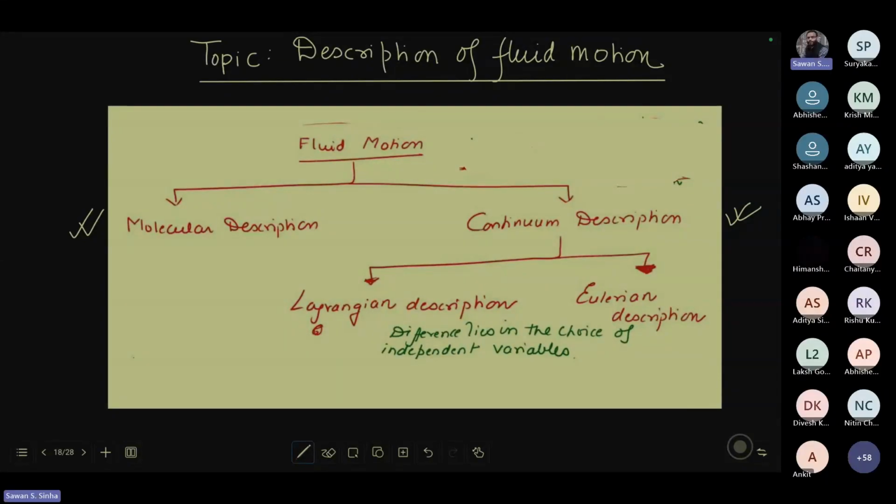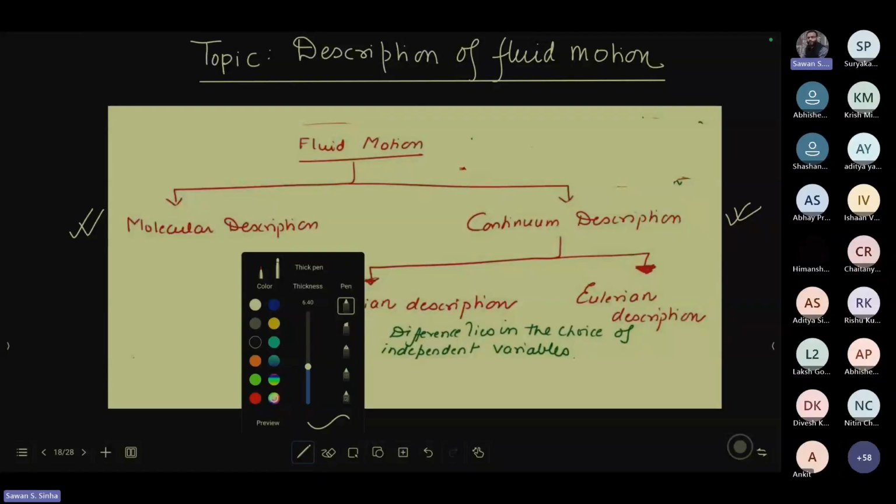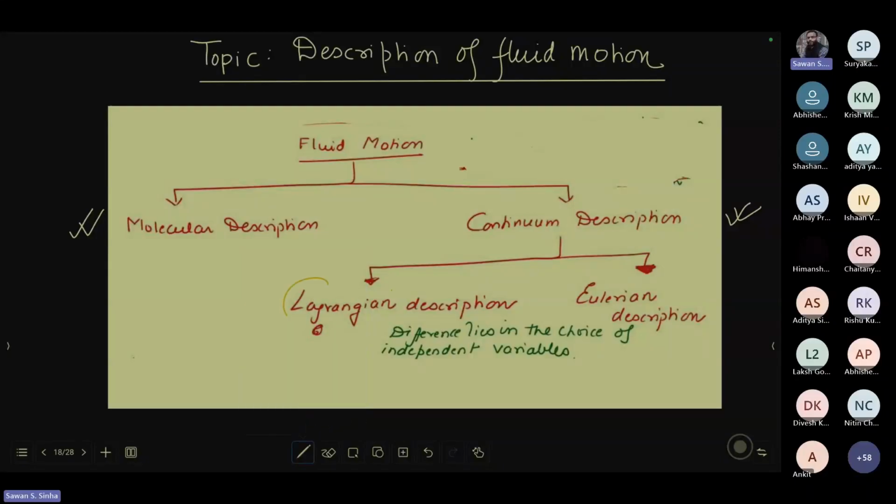Within the option of continuum description, there are again two options. One is called the Lagrangian description, and the other is called the Eulerian description. What are the similarities, differences between these descriptions? What are the advantages, disadvantages of these descriptions? We will go over all that.